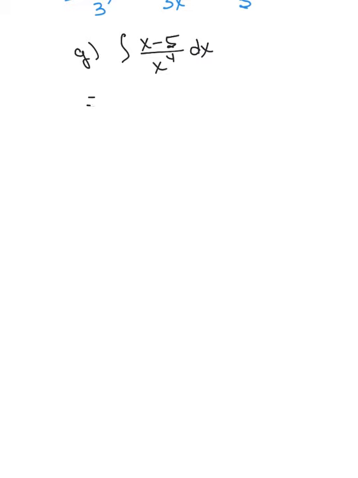What we need to recognize is that fraction rules let me split this single fraction into 2 fractions with the same denominator. So I would have x over x to the 4th minus 5 over x to the 4th. And that whole thing is a derivative, so we have to put dx at the end.